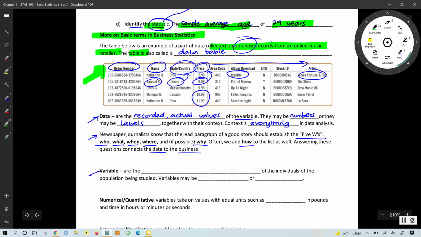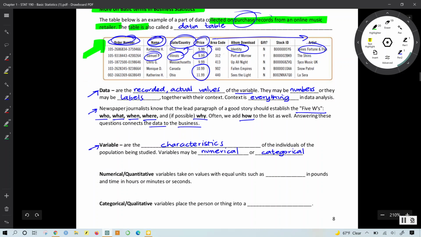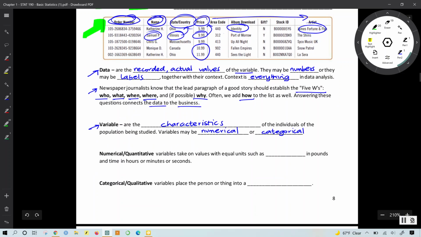So that brings us to the formal definition of variables. Variables are the characteristics of the individuals of the population being studied. Variables may be numerical, and otherwise they could also be categorical. So, what distinguishes a numerical variable from a categorical variable?